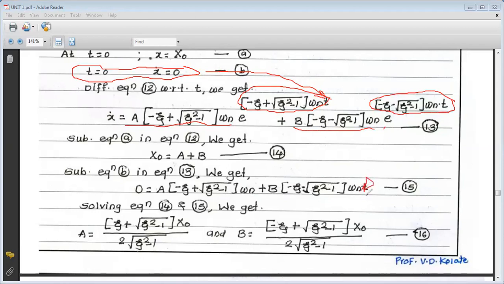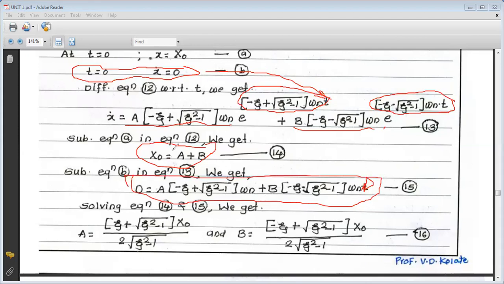Now this is equation number 14, that is x0 equals a plus b, and this is equation number 15, that is 0 equals a into minus zeta plus square root of zeta square minus 1, plus b.